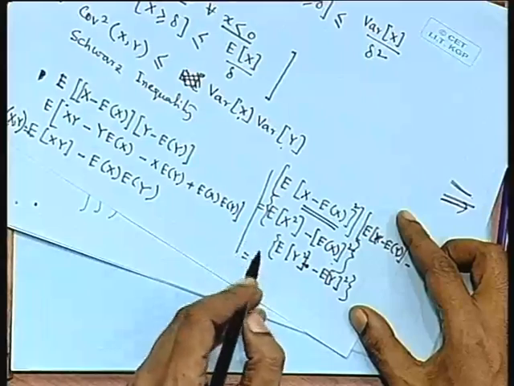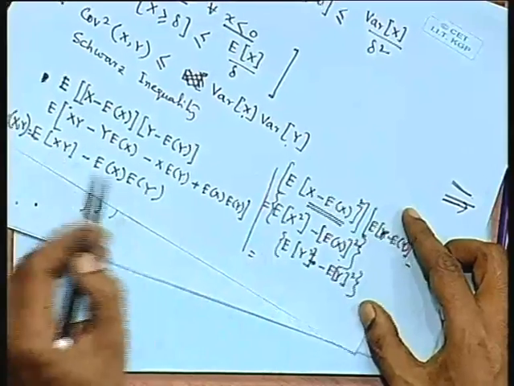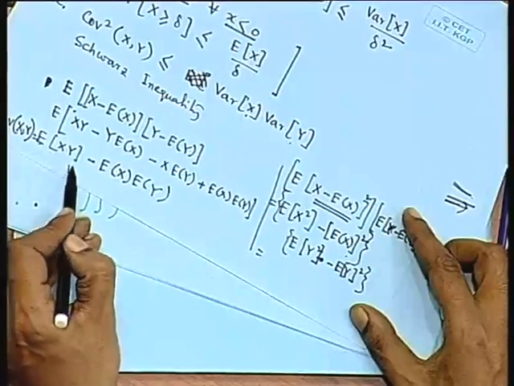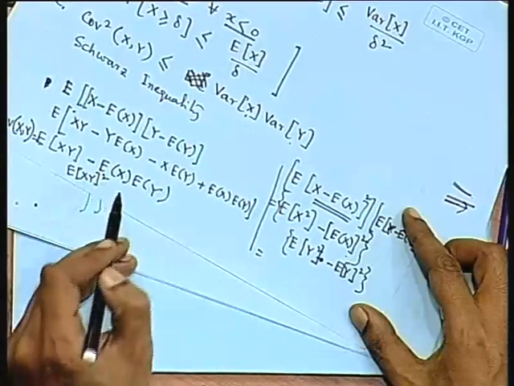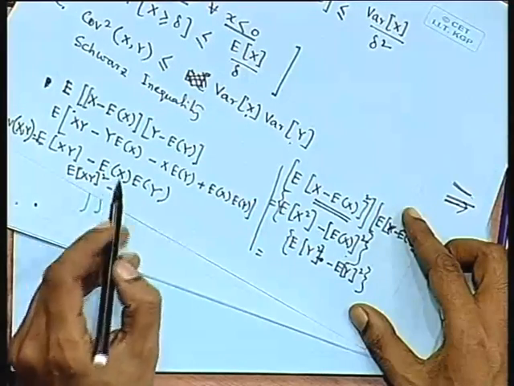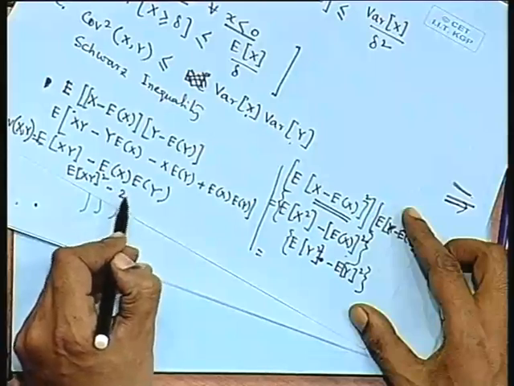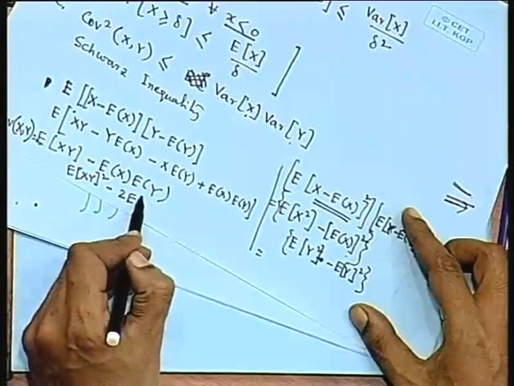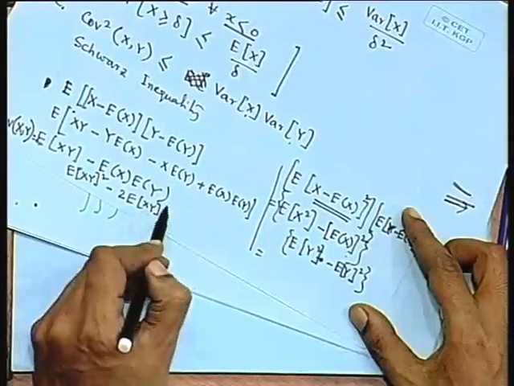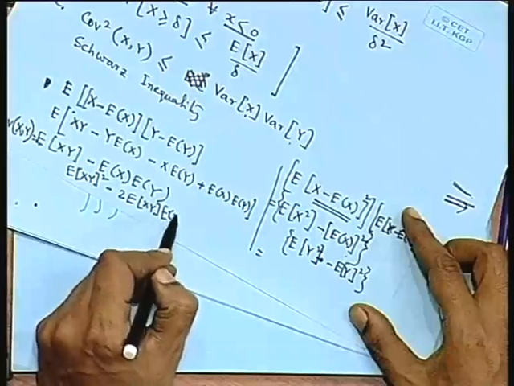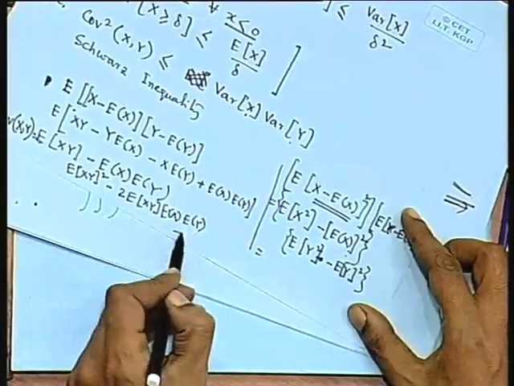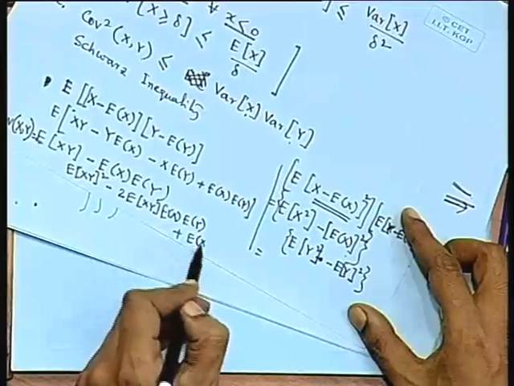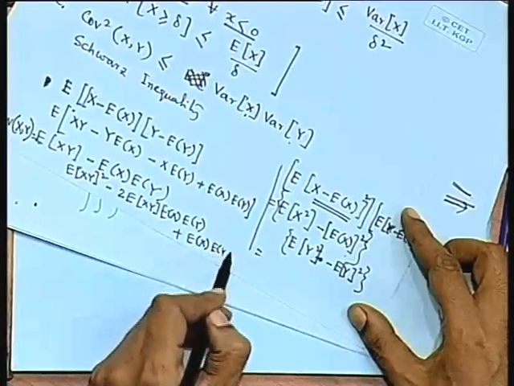If you multiply them, what do you get? If you square the covariance, you get expectation of xy whole square minus 2 expectation of xy into expectation of x into expectation of y plus expectation of x expectation of y whole square.